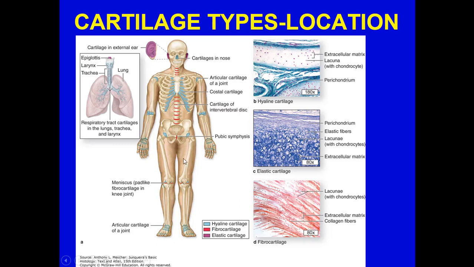Now, you have fibrocartilage usually where bone meets bone. One of the great examples of this is the pubic symphysis right here, where the two arches of the hips come together. And then in between, as I mentioned before, the intervertebral discs are composed of basically fibrocartilage.